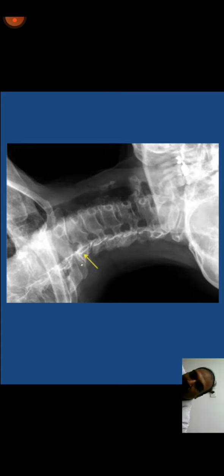And the corresponding facet joint is also involved. So this is how you look into the oblique view. You can look into the foramens and see whether any facets are going in, or whether there is a total narrowing of this foramen.